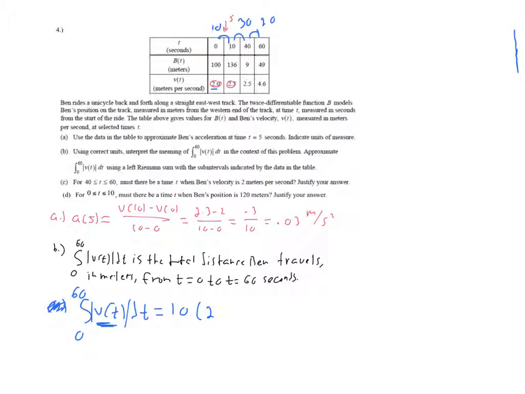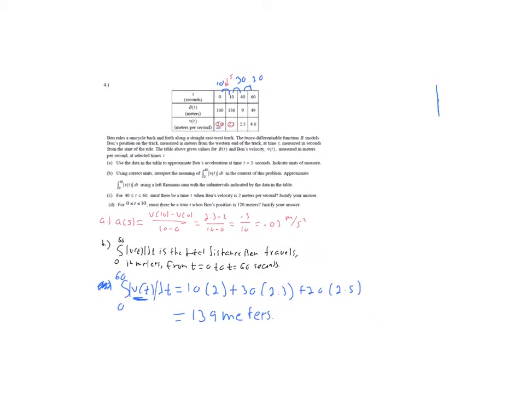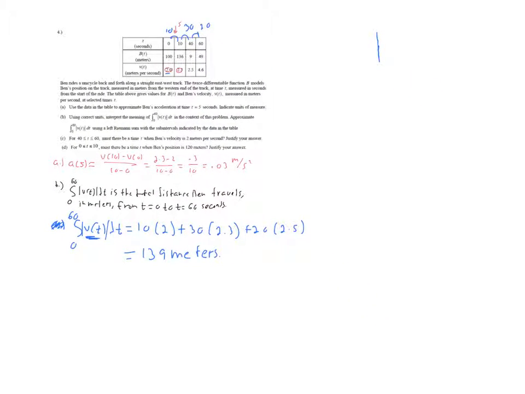So 10 times 2 plus 30 times the velocity value that's on the left, 2.3, plus 20 times the velocity value that's on the left, 2.5. It might be a little small. No, I'll be able to do that.